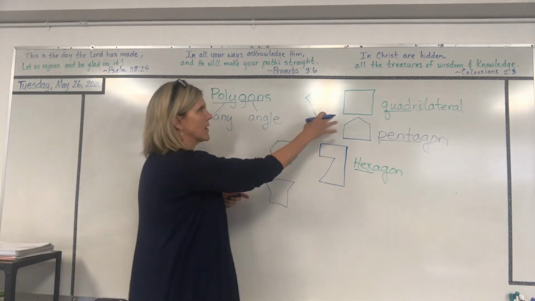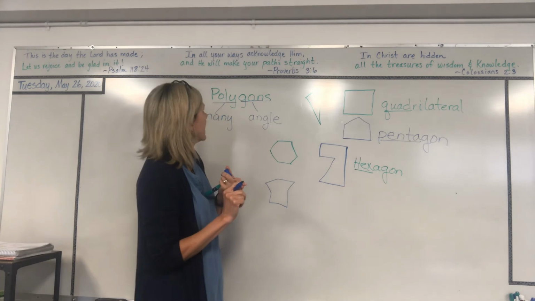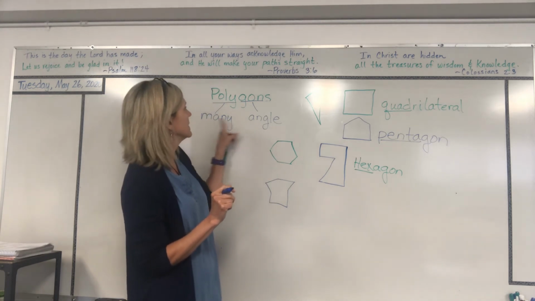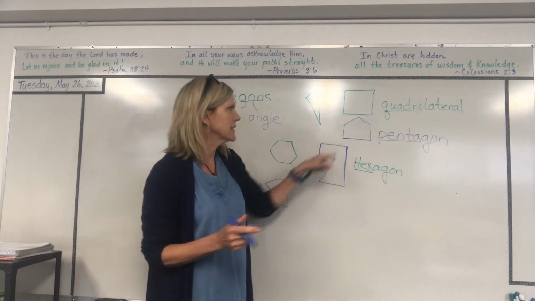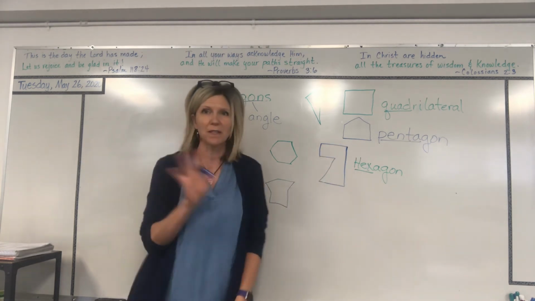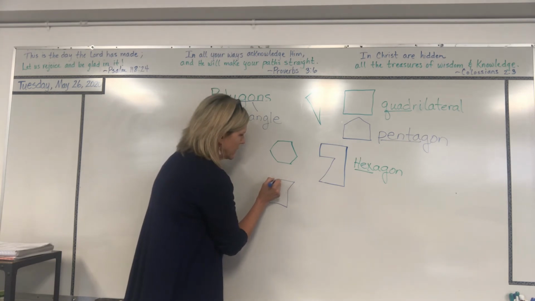Because every polygon has the same number of angles as it has lines. Remember, poly means many. So if it's a hexagon, it has 6 angles. But we're going to talk about that tomorrow.